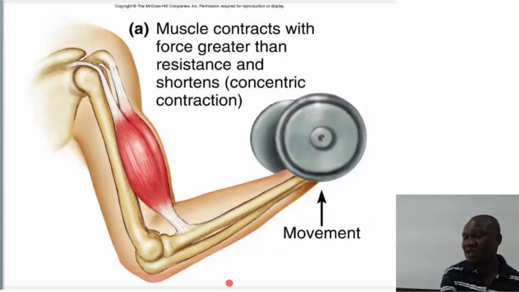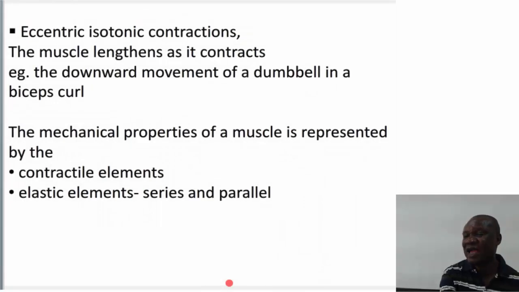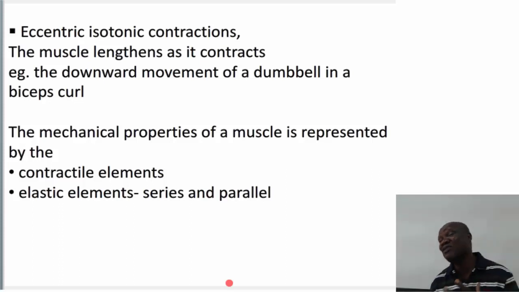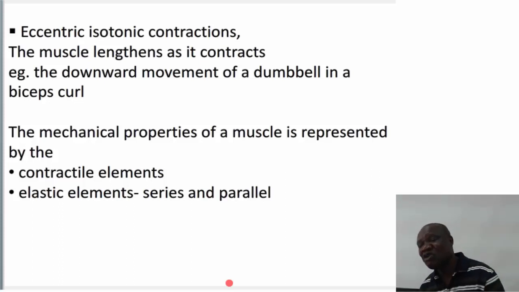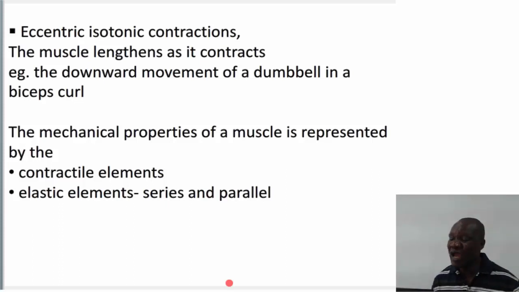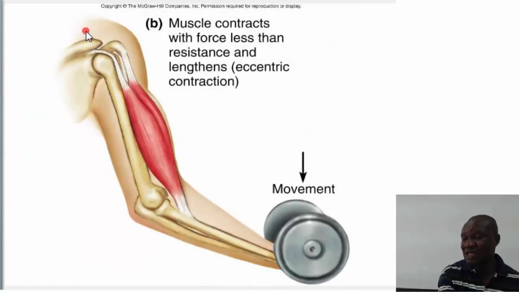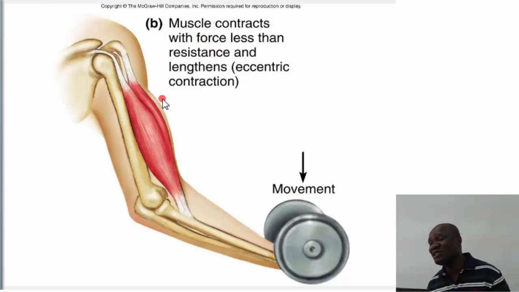Then we have eccentric isotonic contraction. Here the muscle lengthens. It does not contract. It does not shorten. It lengthens. Even though energy is generated, force is generated, tension is generated, the muscle lengthens. That's an example. The muscle contracts with force less than resistance and lengthens.